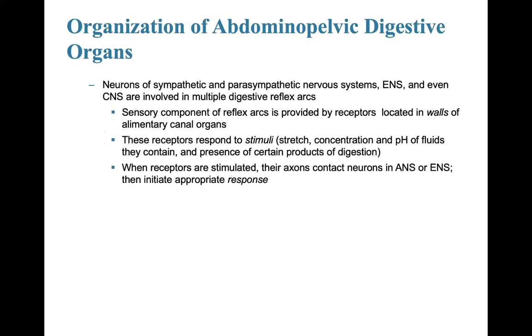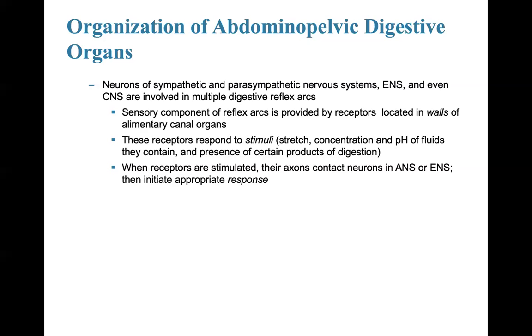Neurons of the sympathetic and parasympathetic nervous system, the ENS, and even the CNS are involved in multiple digestive reflex arcs. The sensory component of the reflex arcs is provided by receptors located in the walls of the GI organs. These receptors respond to stimuli, primarily stretch as food pushes on the walls, as well as the concentration and pH of fluids they contain and the presence of certain products of digestion.